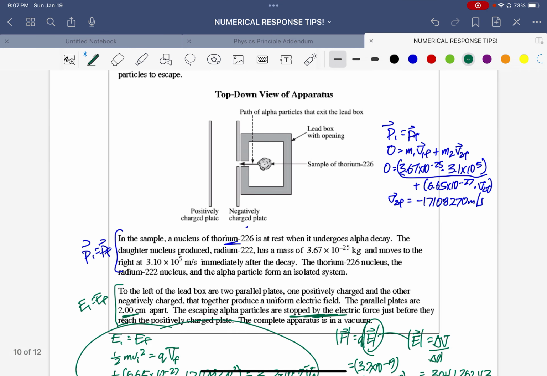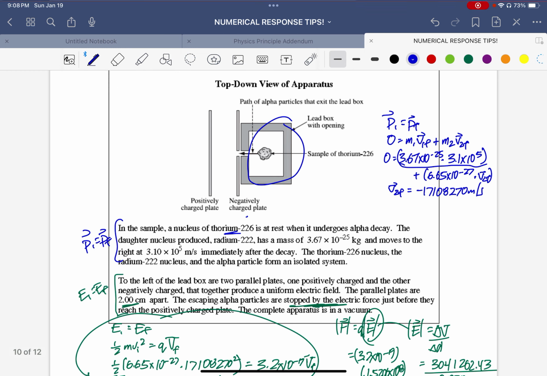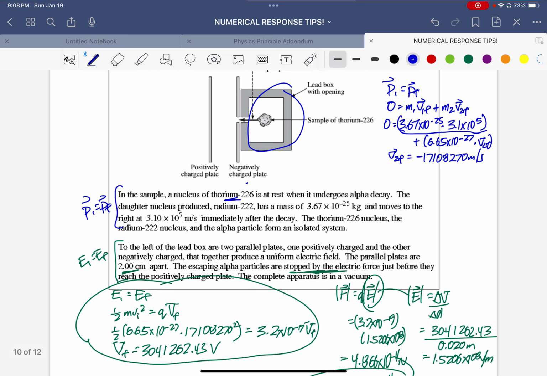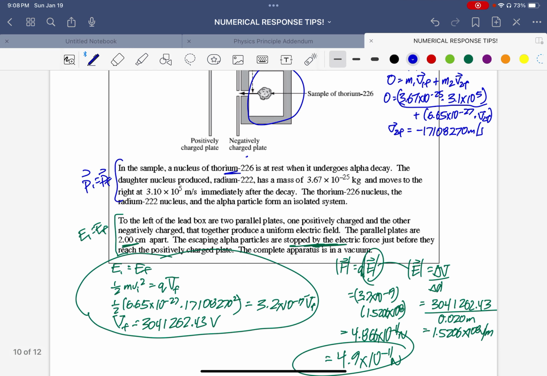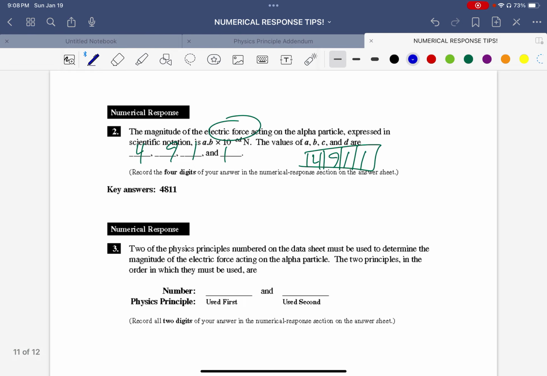And the first part of the question, where this thorium-226 was decaying, because that thorium-226 became two objects, that was like a person throwing a ball on ice. Where we have one object becoming two, we analyze it using Pi equals Pf. So we end up getting 4.9 times 10 to the negative 11 newtons, 4911.